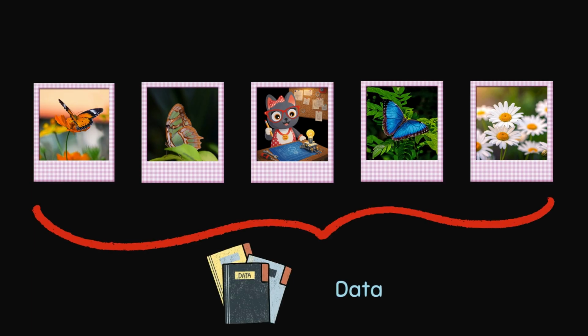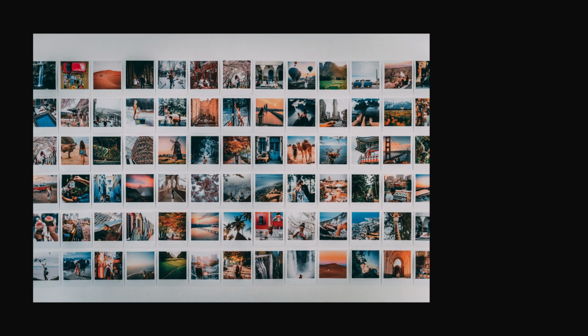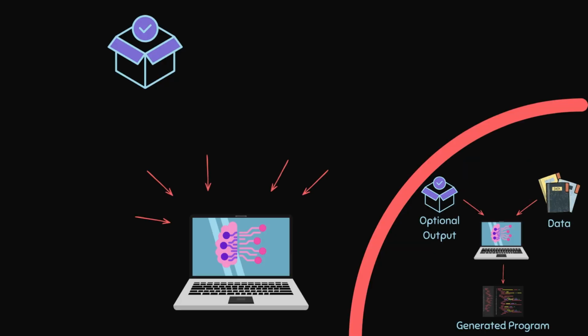We can also call it our domain. If the dataset is incredibly large, say millions of images, we could even call it big data. Besides the data, we also feed the computer the output, or as we like to call it in machine learning, a label. The label in this case can be +1 or -1.